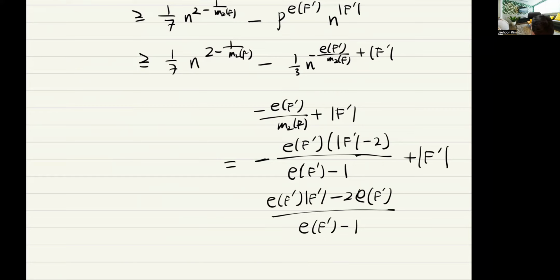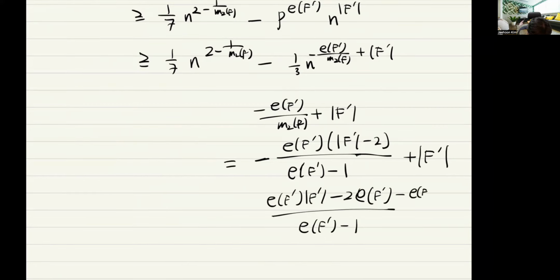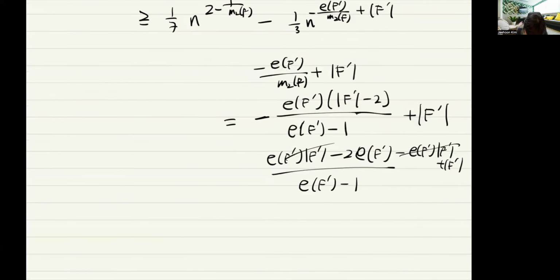So if you do the computation, yes, it cancels out.